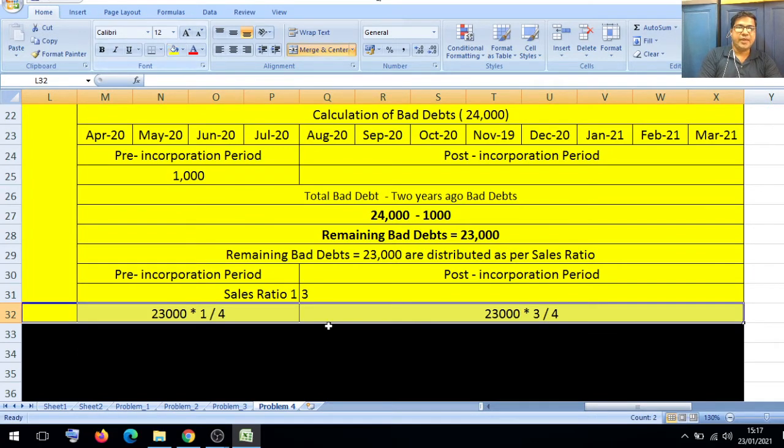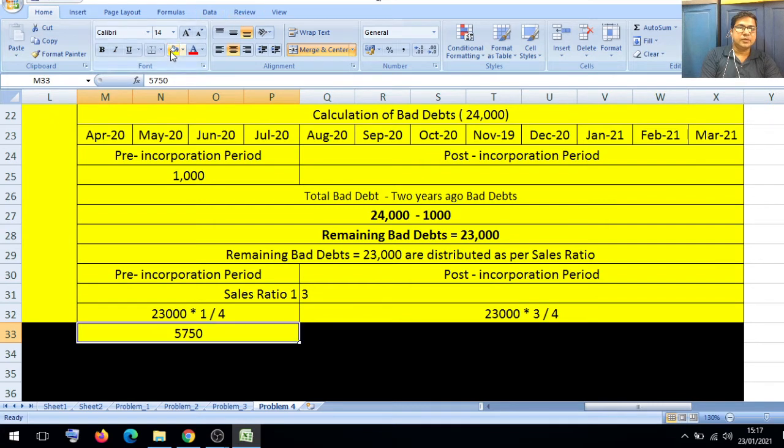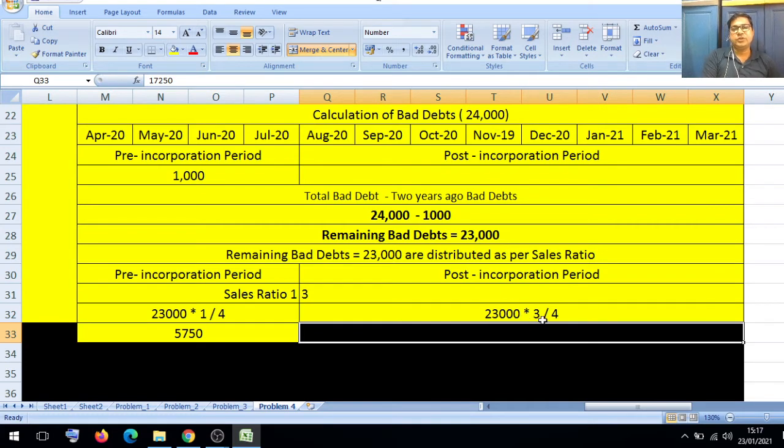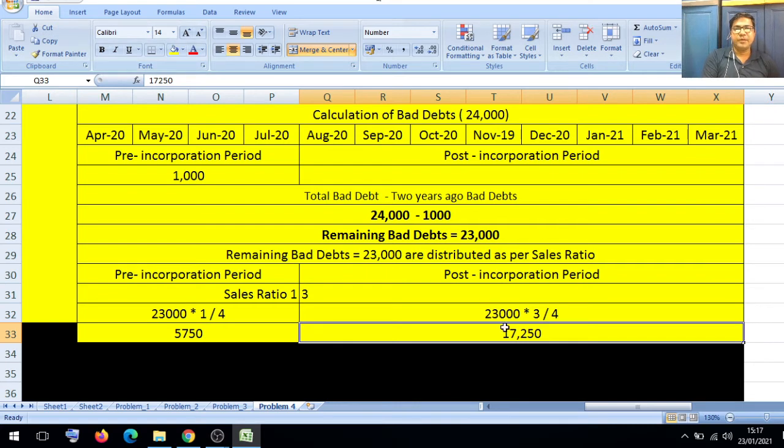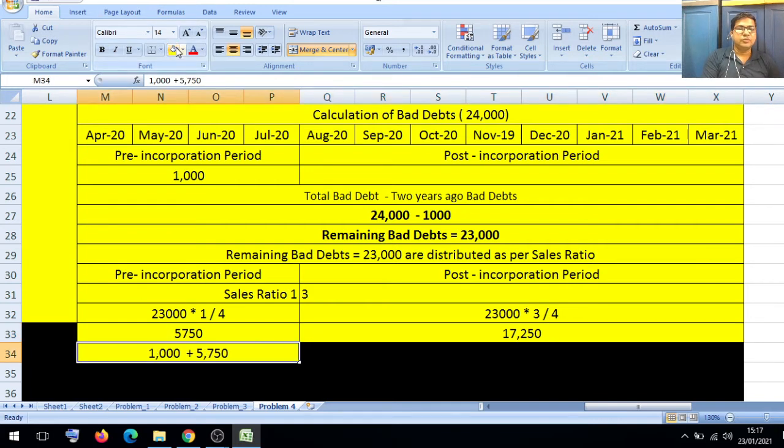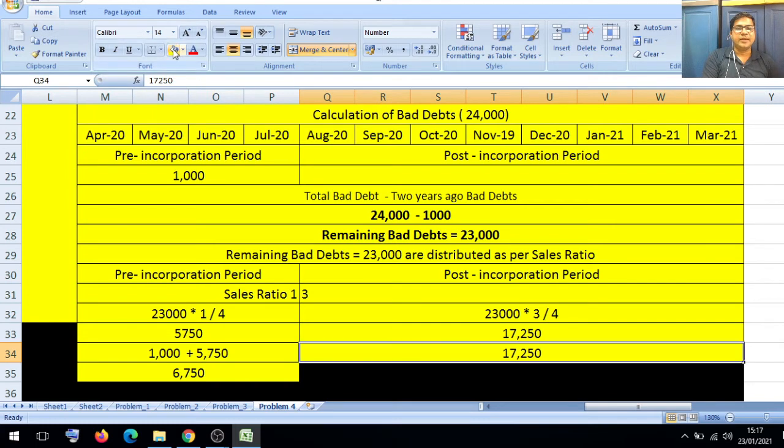So 23,000 into 1 divided by 4 gives the pre-incorporation period bad debts, that is 5,750, and 23,000 into 3 divided by 4 gives the post-incorporation period bad debts. The 1,000 pre-incorporation period bad debt plus 5,750 gives pre-incorporation period bad debts of 6,750, and post-incorporation period bad debts are 17,250.